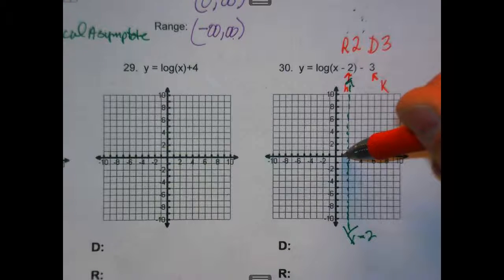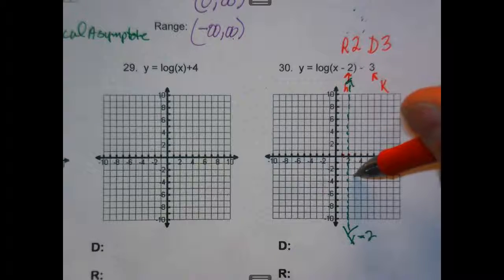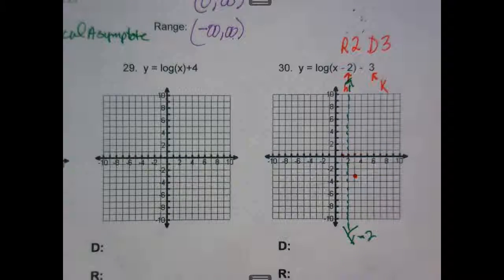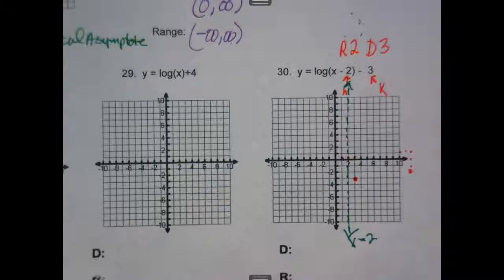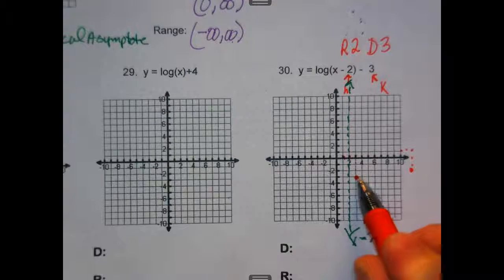Now, according to our transformations, I'm going to go right 2 and down 3. And the other one was 10, comma 1. So I'm going to go to the right 2 and down 3. Okay, so here's my graph.